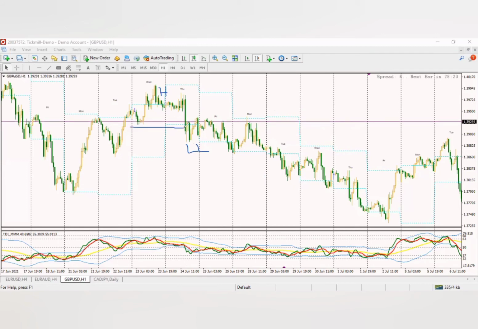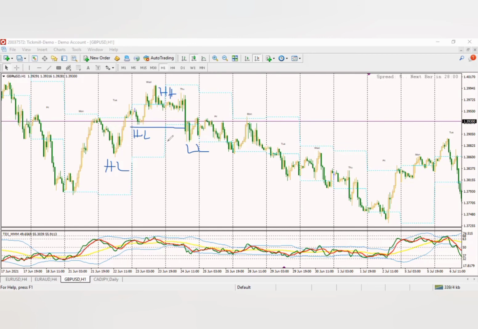Why? Because this higher low is broken. Why do I call this higher low? Because this is a low, this is another low, and this is another low. This low is higher than this, so we call this what? Higher low. Then it went up, so we can call this higher high.